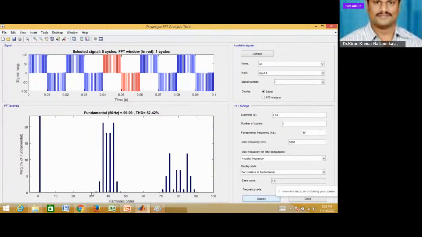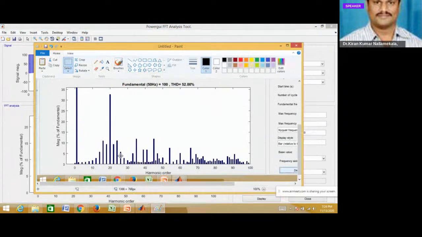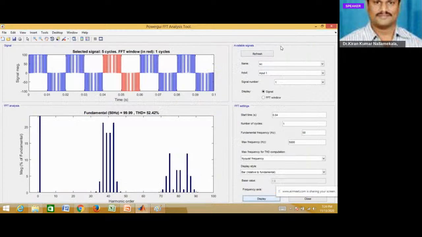All the harmonics are present around the 20th, whereas in the previous case, all the harmonics are present near the 20th harmonic. So up to 40 there is no harmonic in the other pulse width modulation technique which we are using here.